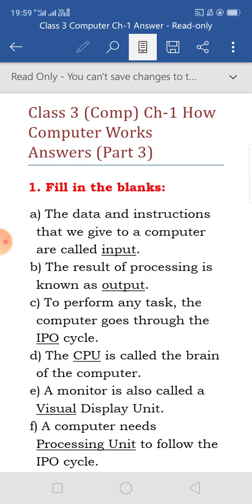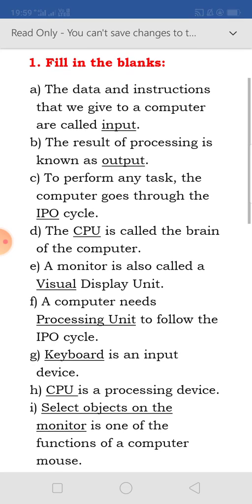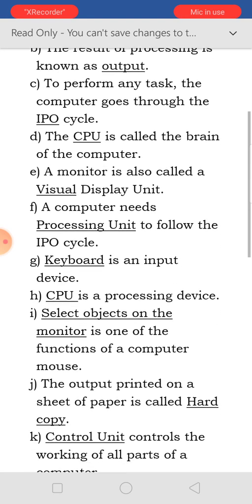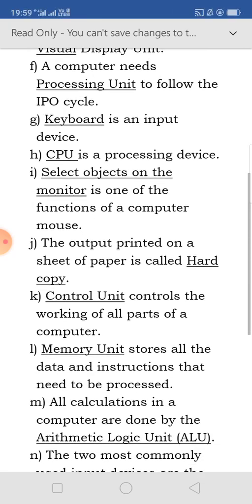So this is part 3 of computer chapter 1, and I have given the answers over here. You only have to write them in the copy and read them. The data and instructions that we give to a computer are called input. All these things were discussed in the previous classes.